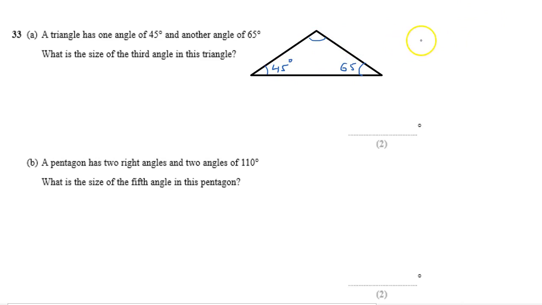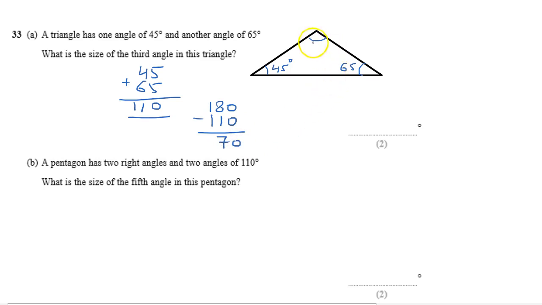We add it, 45 plus 65, and subtract it from 180. 180 minus 110. So that is 70. So this angle is 70.